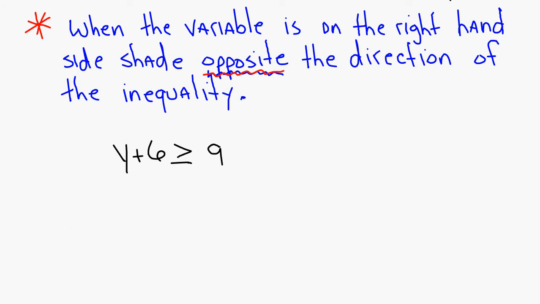The variable's having 6 added to it, so we're going to subtract 6 from each side. These 6's will cancel, and y is greater than or equal to 9 minus 6, which is 3.